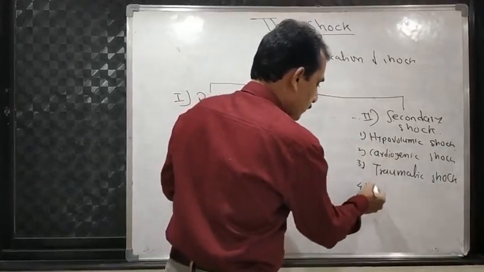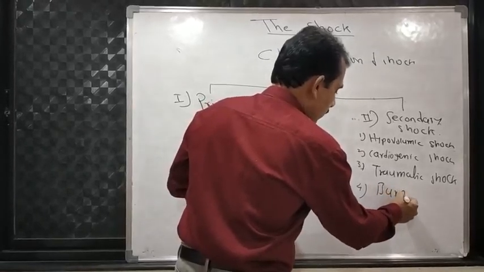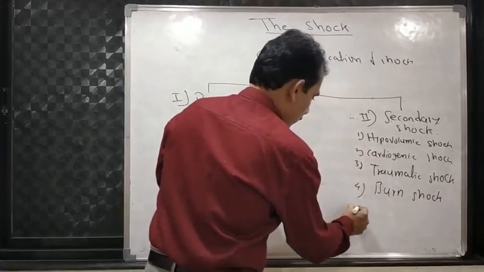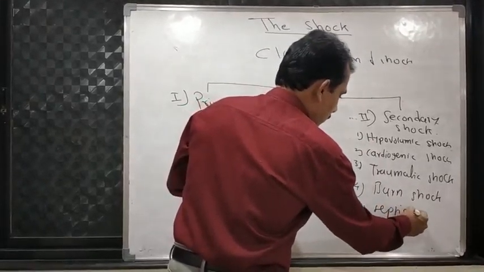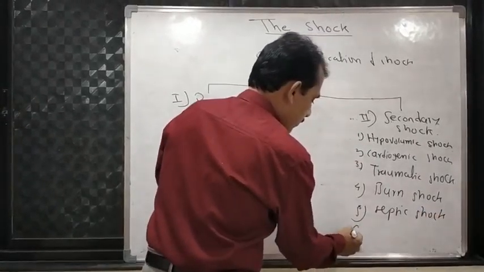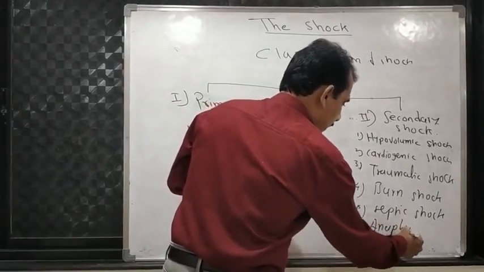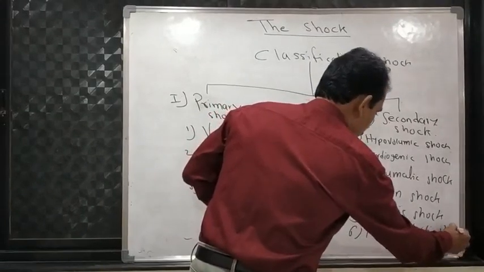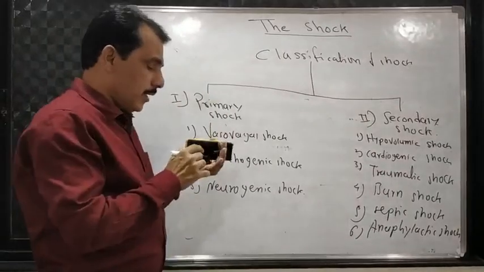Next one is burn shock. Fifth one is septic shock. And the sixth one is anaphylactic shock. So this is the classification of shock.